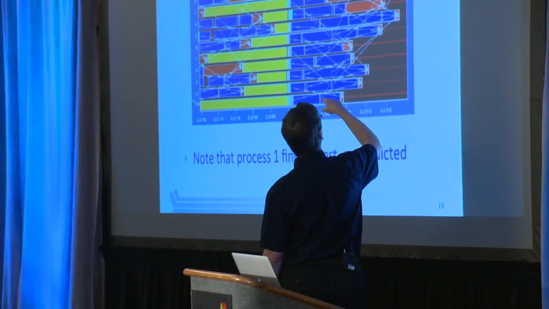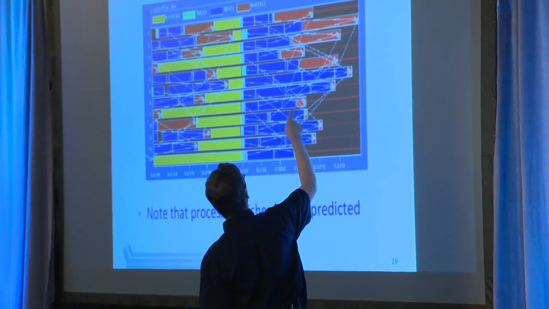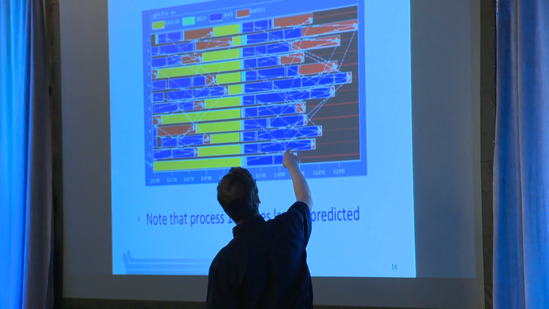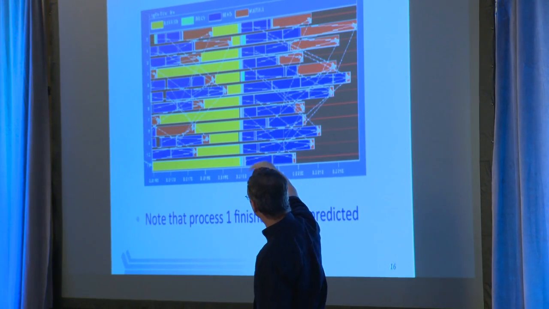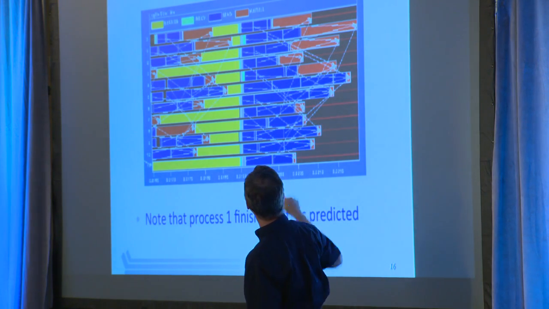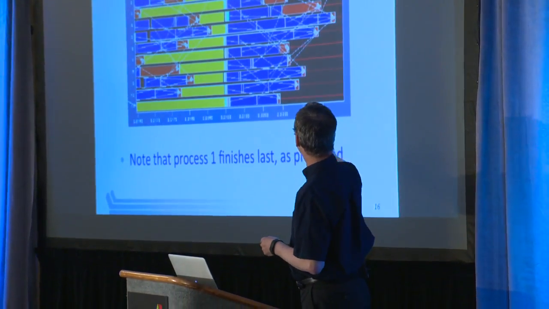Also the case that the processes that finish last in this case are the ones that this example would show. This is on the same number of processes, so there's 12 processes here. And so process 1 finishes last.